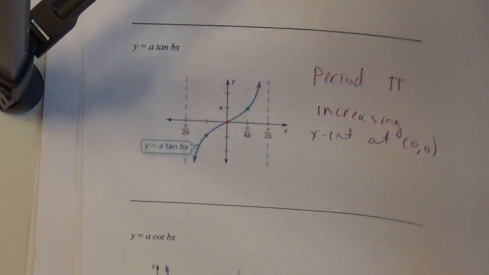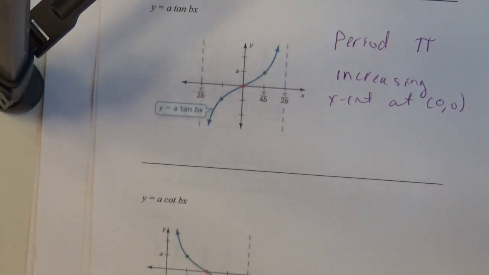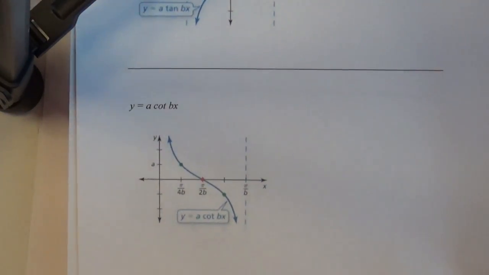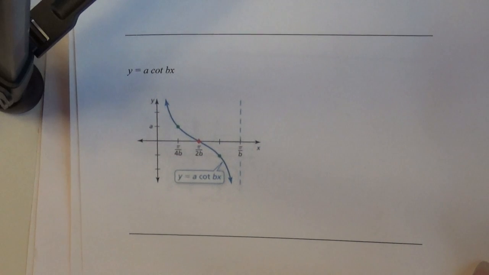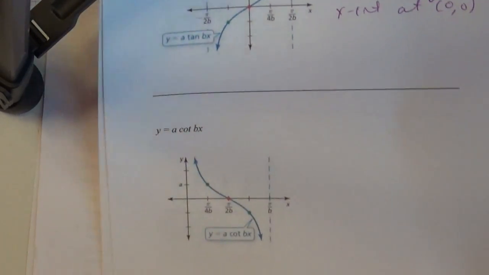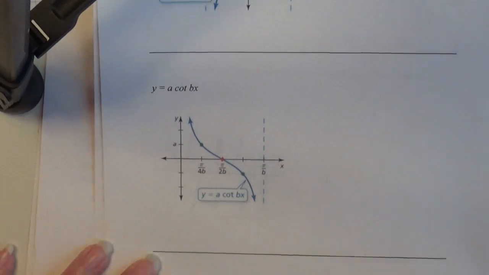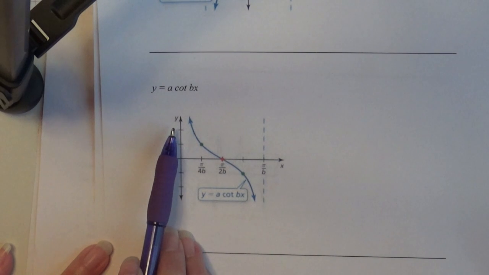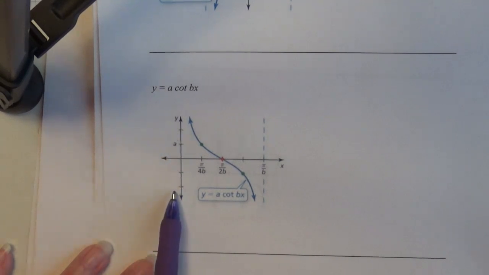Alright, and then we also have a cotangent function. Remember, cotangent and tangent are reciprocals of one another. So how that translates on the graph is, if you look at the tangent function and then the cotangent function, the cotangent function has a vertical asymptote on the y-axis.